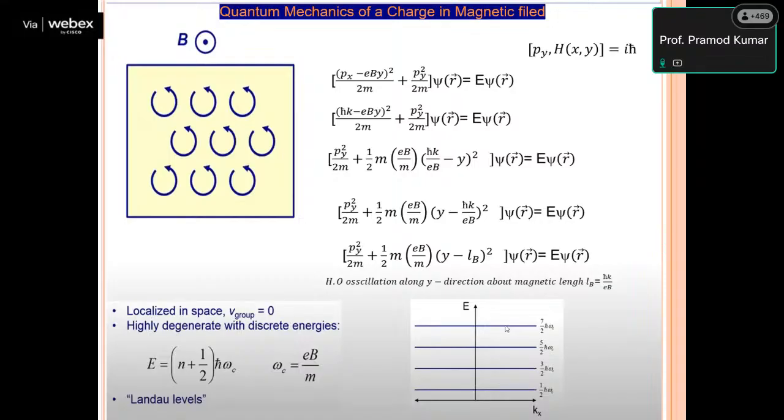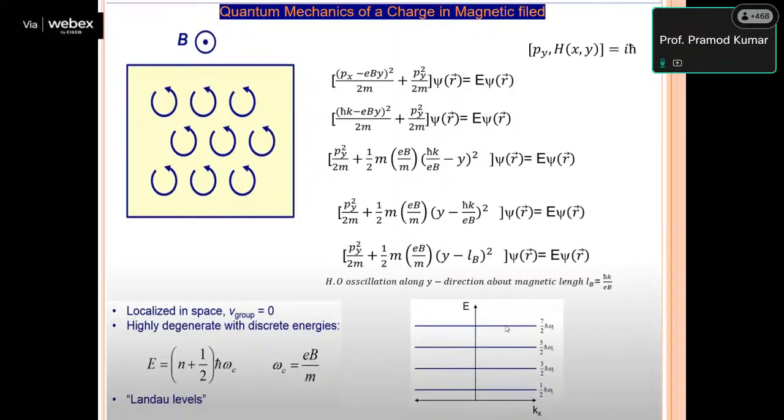And if you are interested to write the wave function, that is not a big issue. The wave function basically has three components: x component, y component, and z component. The x component is e^(ikx), and then e to the power minus eB (y − y0)² / 2ħ, times the Hermite polynomial H_n of (y − y0).